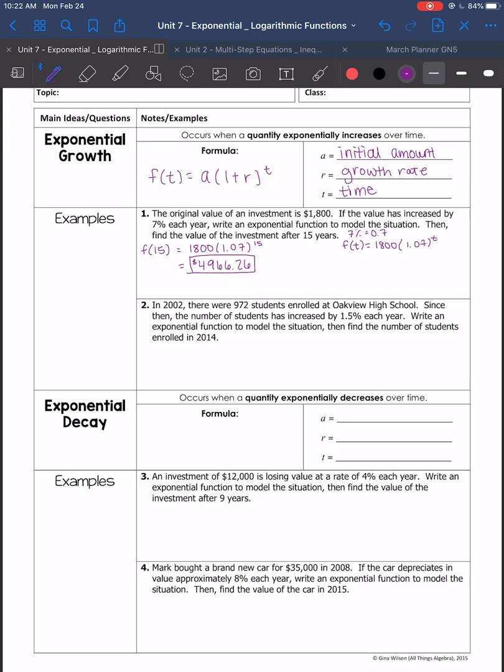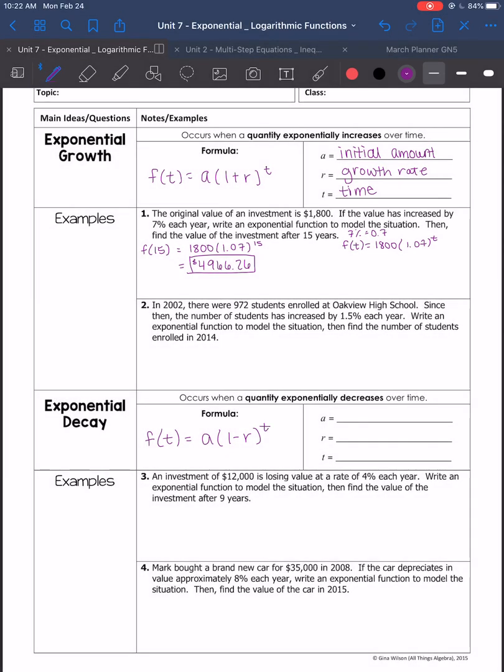Exponential decay is a very similar formula, except instead of a plus r, it's a minus r. So A is the initial amount.